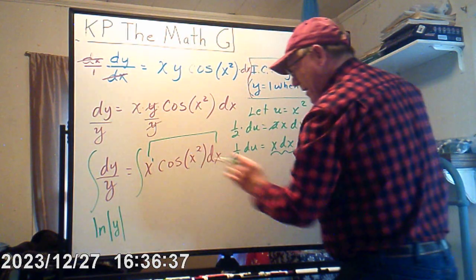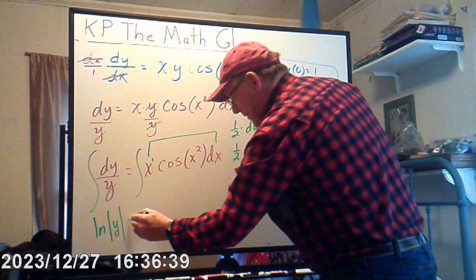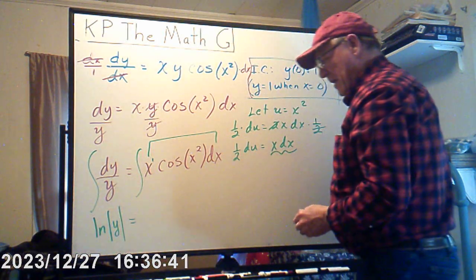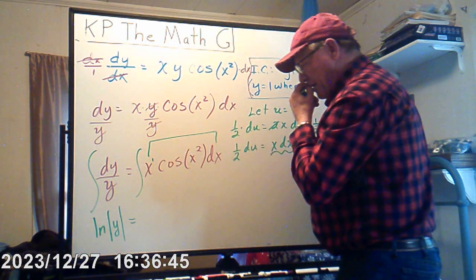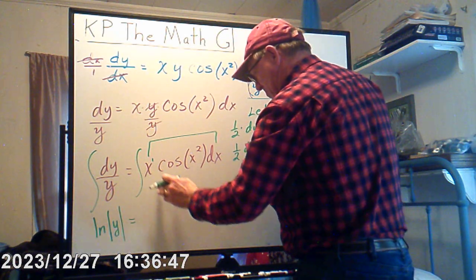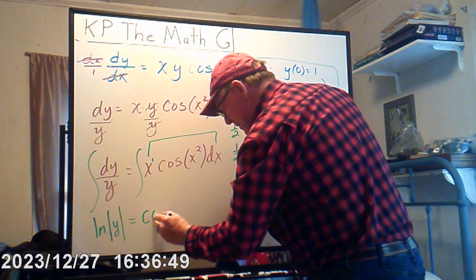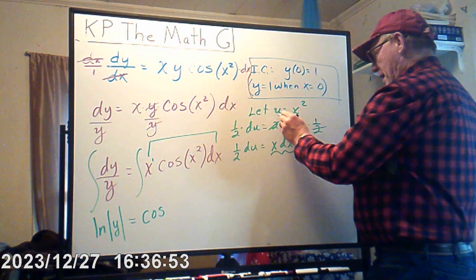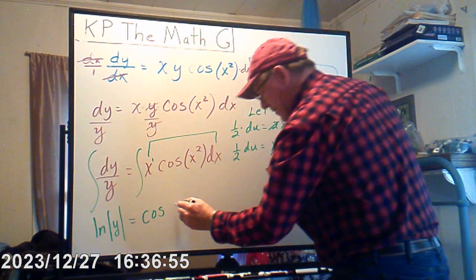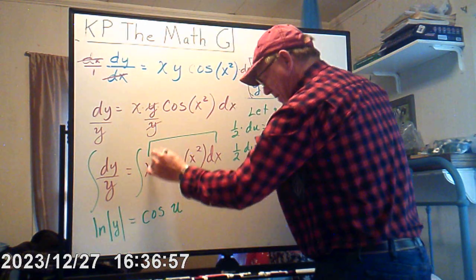Alright, I have u here. So let's see, I've got this right here. This is cosine. I'll let u be x squared. U. And this is du.